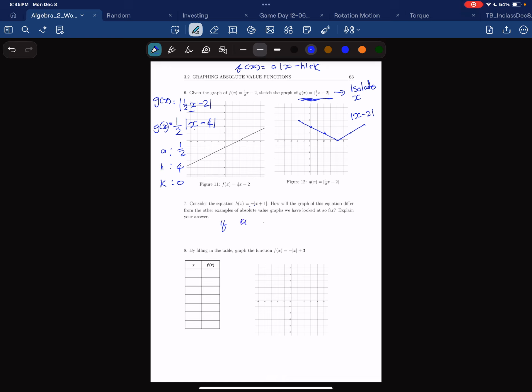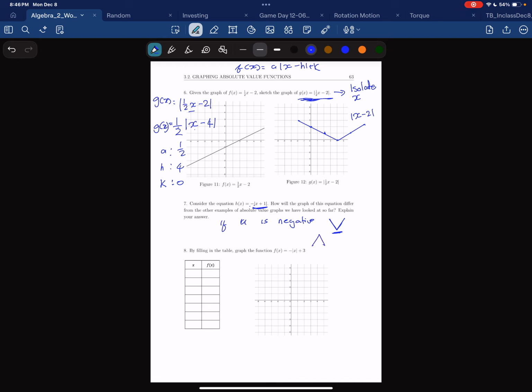If A in our general form is negative, our graph will no longer be an open V. Instead, it will be an upside down V. It'll be more like a triangle, really. It'll face downwards, all right, because of the negative sign.